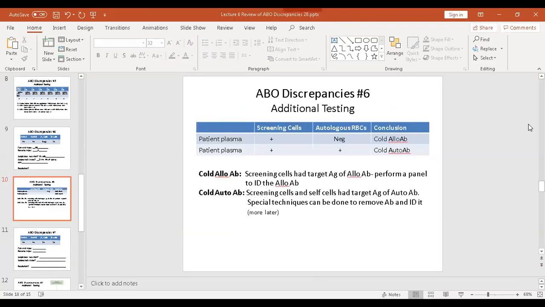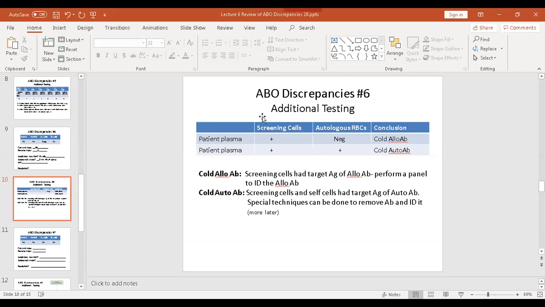Okay, so what we want to do is pull out some different reagent red cells that we're going to be talking more about in the future called screening cells. And so we did briefly overview screening cells in lecture 2 and 3 when we were talking about different reagents.